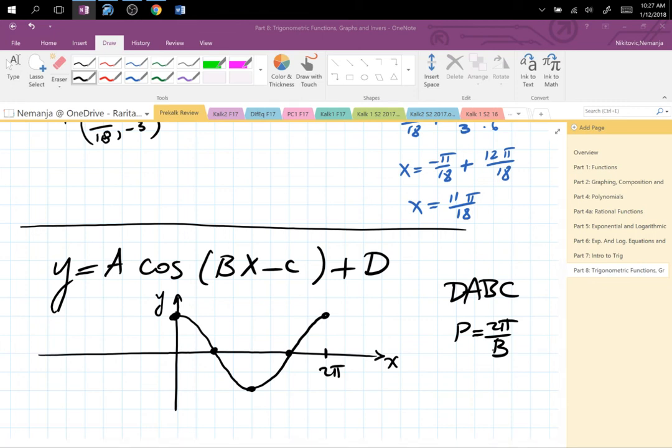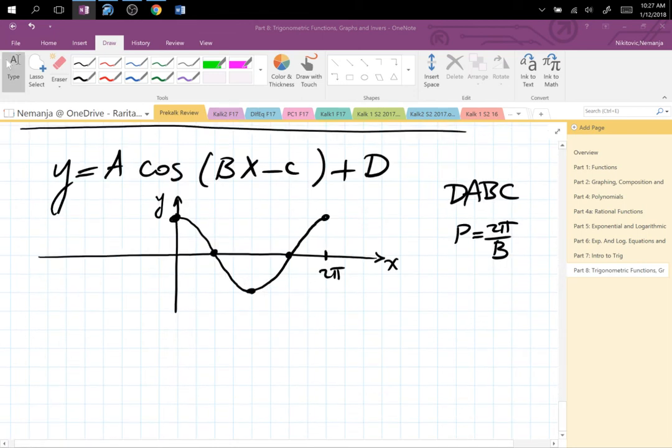The difference between sine and cosine graph is when you are ready to graph cosine, instead of starting on the green line, you will start on the upper red line if it's positive a, and the lower red line if it's a negative cosine. So positive cosine goes like this, and the negative cosine goes like that, right?